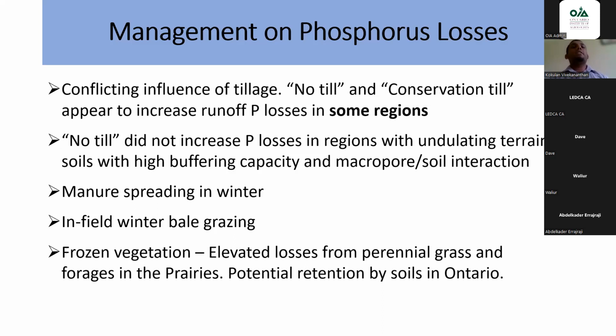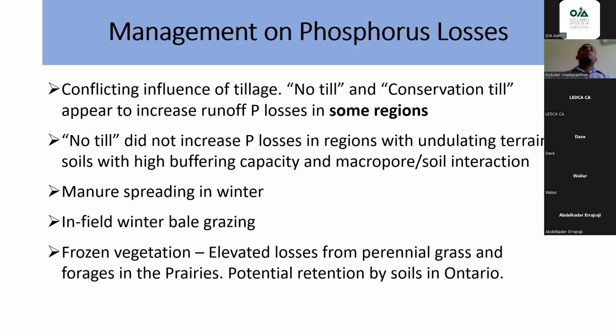And as I discussed earlier, frozen vegetation can also contribute to phosphorus losses. It's been observed in the Canadian prairies that more phosphorus is lost in dissolved form from perennial grass and forages, but researchers did not find that kind of loss in southern Ontario. They think that even though the crops release phosphorus, the soils have the potential to retain some or most of that phosphorus before it leaves the field.